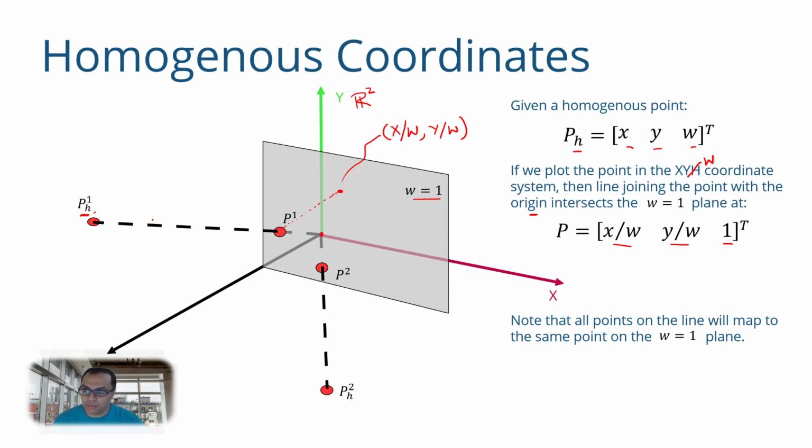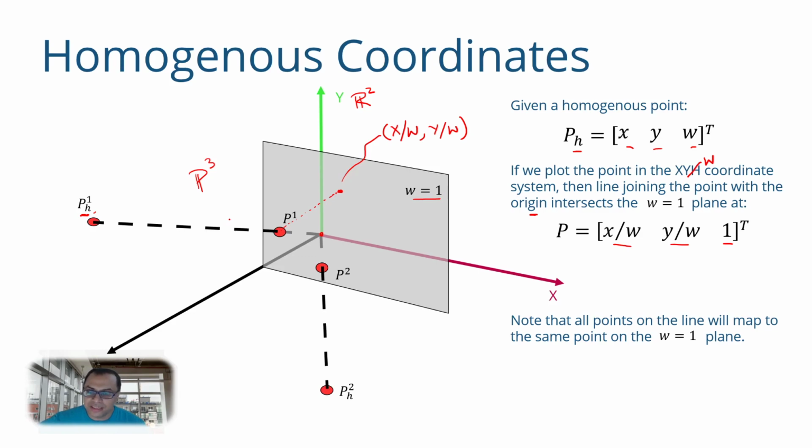So all the points on this ray, you can now see, are going to map to x/W, y/W, comma 1, and then they are going to map to the same 2D Euclidean point. Okay, so a point in R2 is therefore equivalent to a ray in P3.